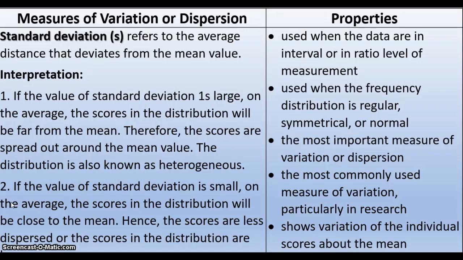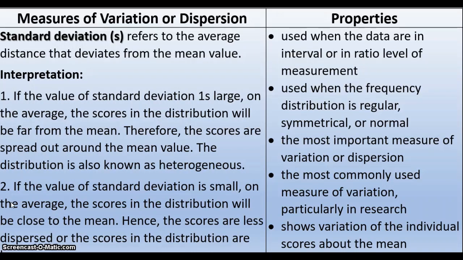The distribution is also known as heterogeneous. And if the value of standard deviation is small, on the average, the scores in the distribution will be close to the mean. Hence, the scores are less dispersed, or the scores in the distribution are homogeneous.